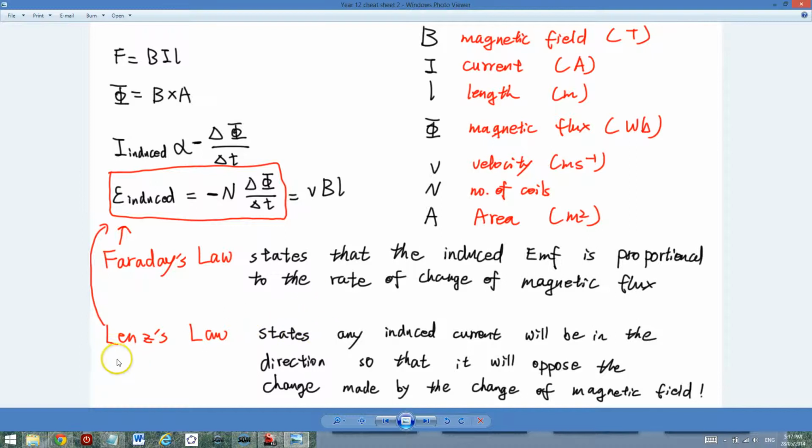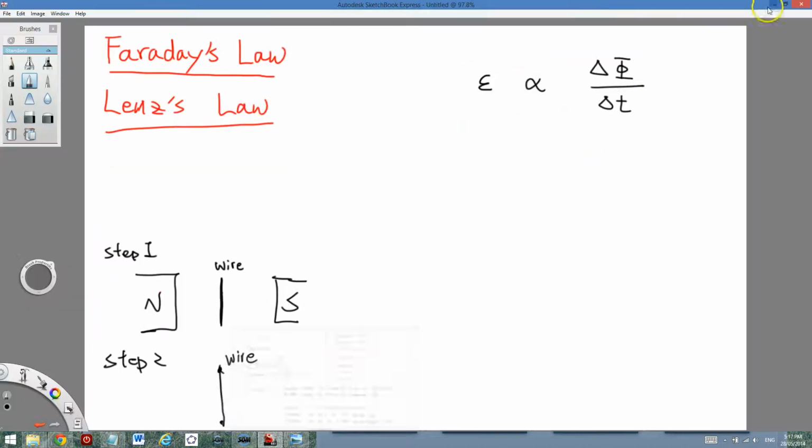Lenz's law says that the system doesn't like to change. So if the magnetic field changes, the current tends to move in a way that can produce the missing magnetic field.